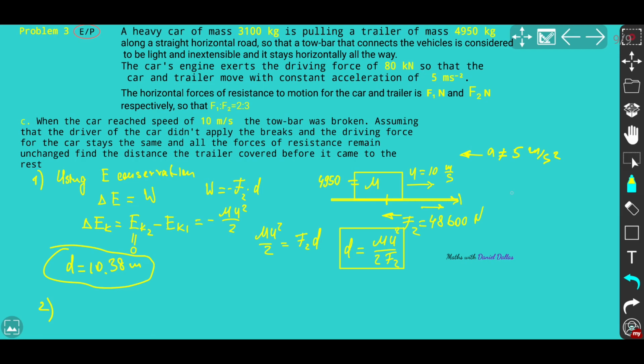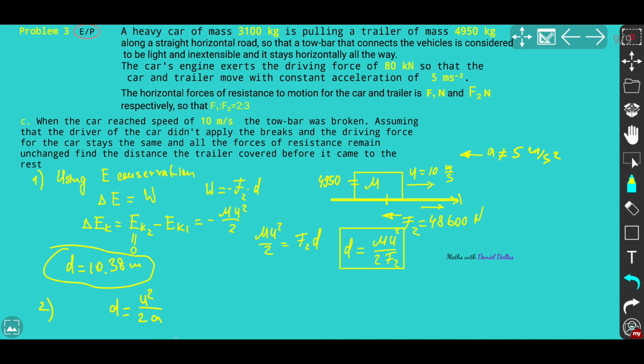So for those who were trying to apply, for example, the simple formula d equals u squared over 2a and plug in a equals 5, were incorrect in this approach, because the acceleration is a new one. However, you can use this formula, because the final speed is 0, so finally d is going to be equal to u squared over 2a. Everything is positive, don't worry about that.